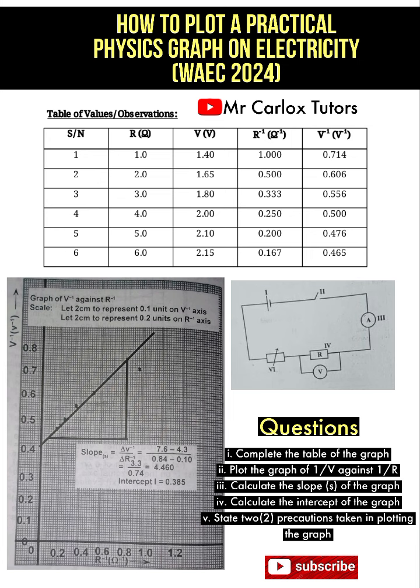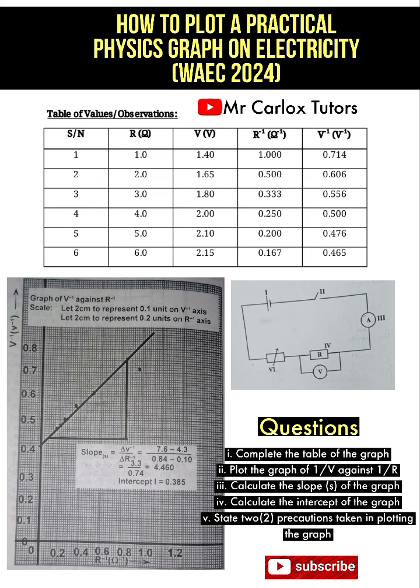Now, first of all, you must get the scale of the graph. How do you get the scale? It depends on how the table looks. For the first one, the decimal points are not too many. It's just a whole number in some cases and 0.1 decimal place like that.